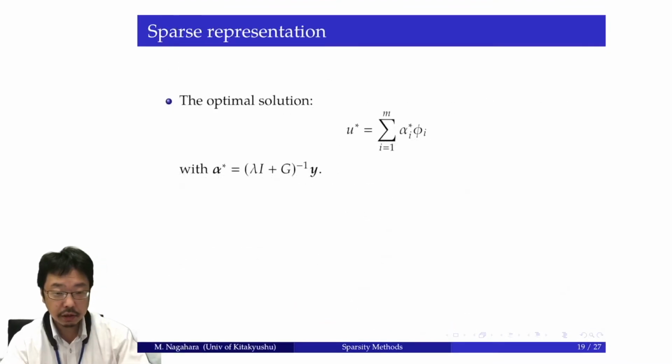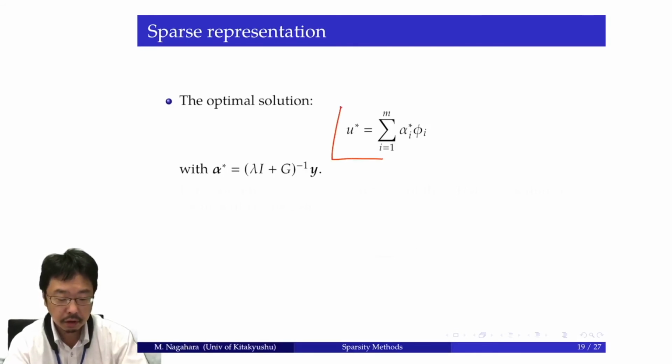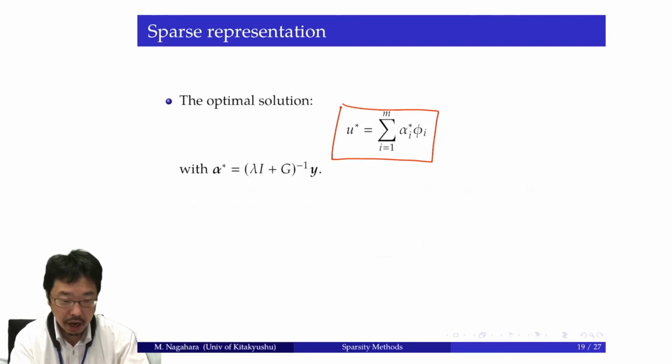Okay, now let's consider sparse representation. We have seen that the optimal solution is given by the linear combination of phi i's with coefficients alpha i given by this equation.